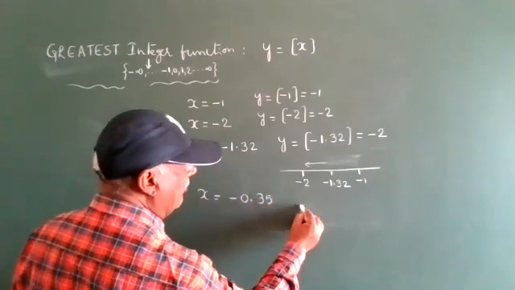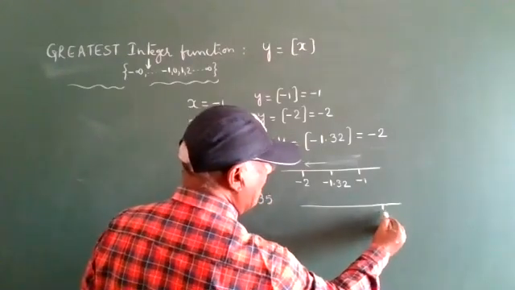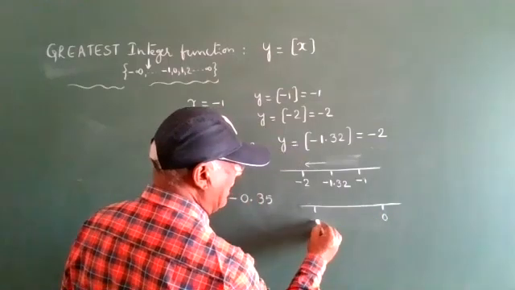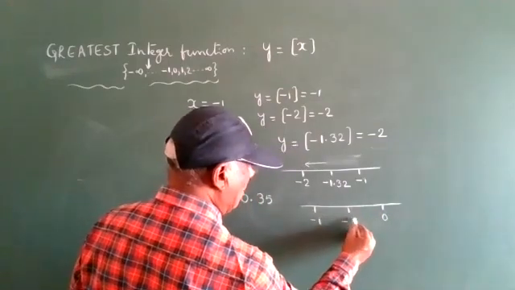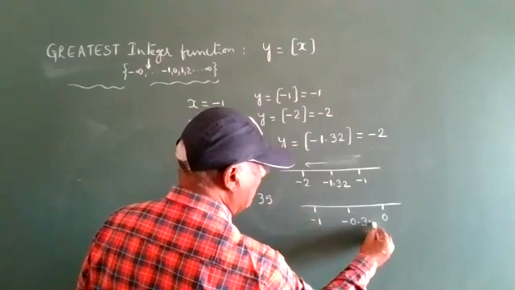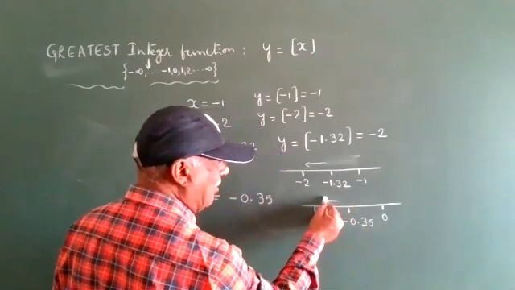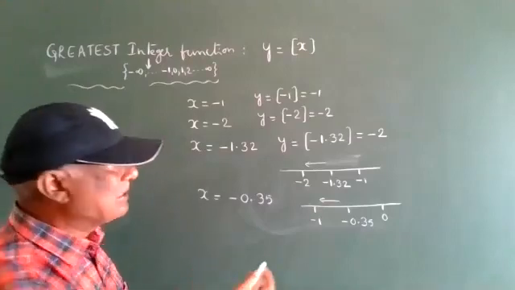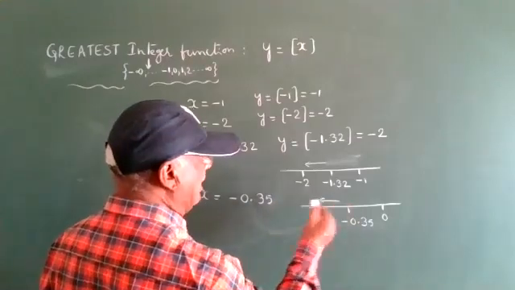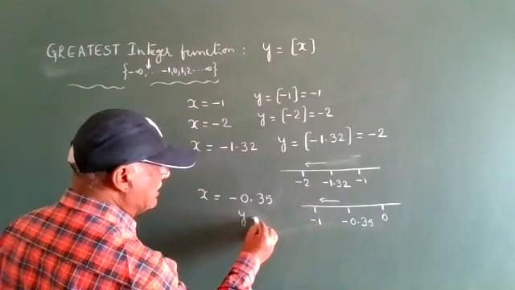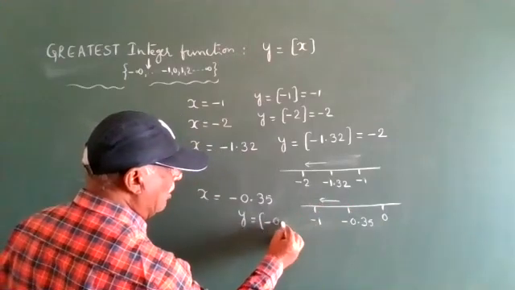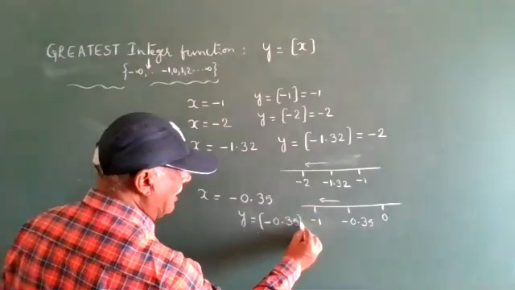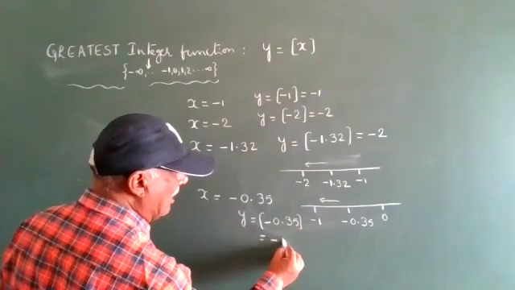Now x is equal to minus 0.35. Draw the figure. This is 0, this is minus 1. So minus 0.35 goes through the forward step, and the next integer is minus 1. Simply, y is equal to the greatest integer of minus 0.35, and its value is minus 1.